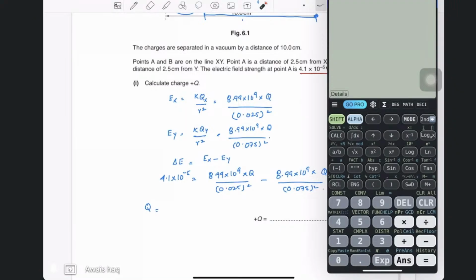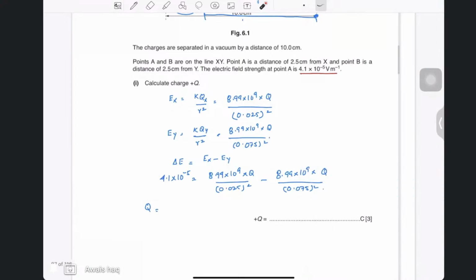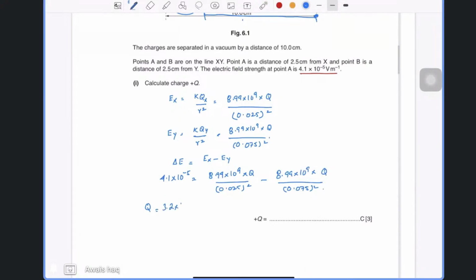So it's 3.2 times 10 raised to minus 18. So that should be the charge. If it is wrong, blame Gatika. All right. Is it clear, everyone?